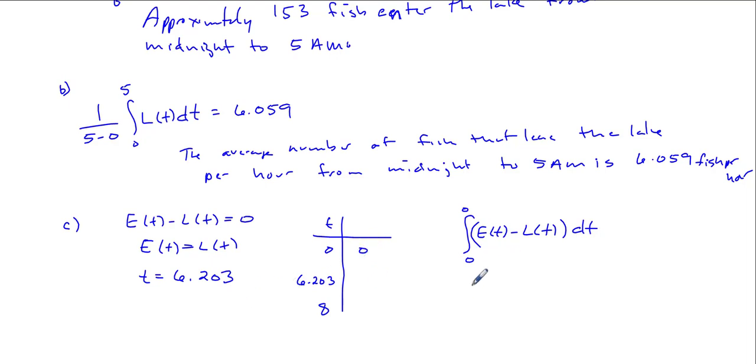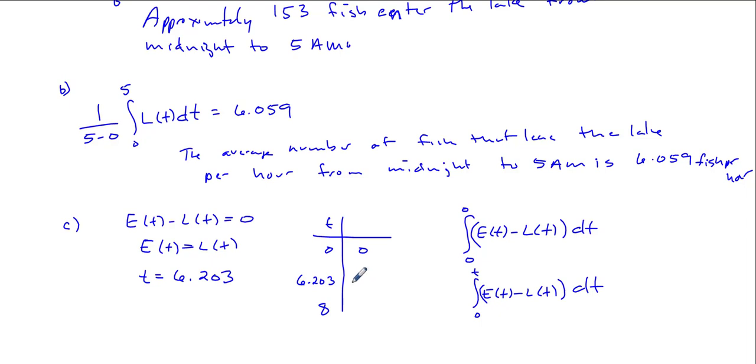Now I could have just written 0 to t, E of t minus L of t, because then you could just use this and type in your particular t values: 0, 6.203, which would be your A stored value, and then 8 to get our other two values.